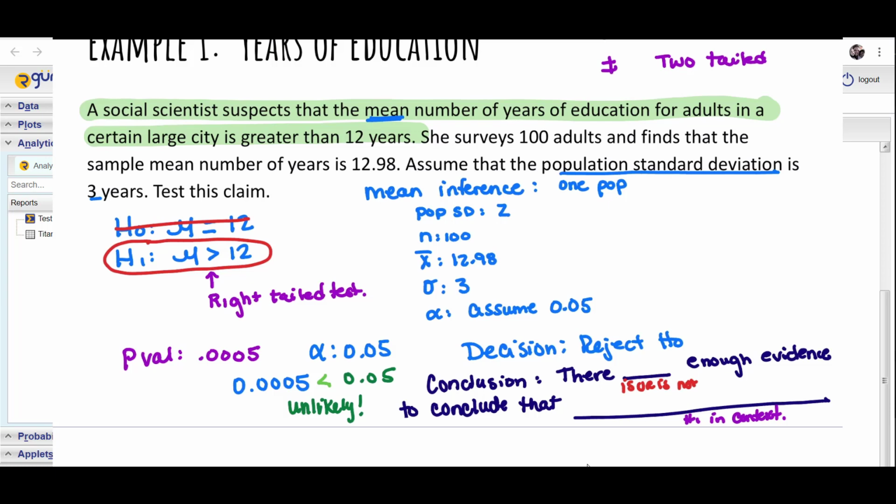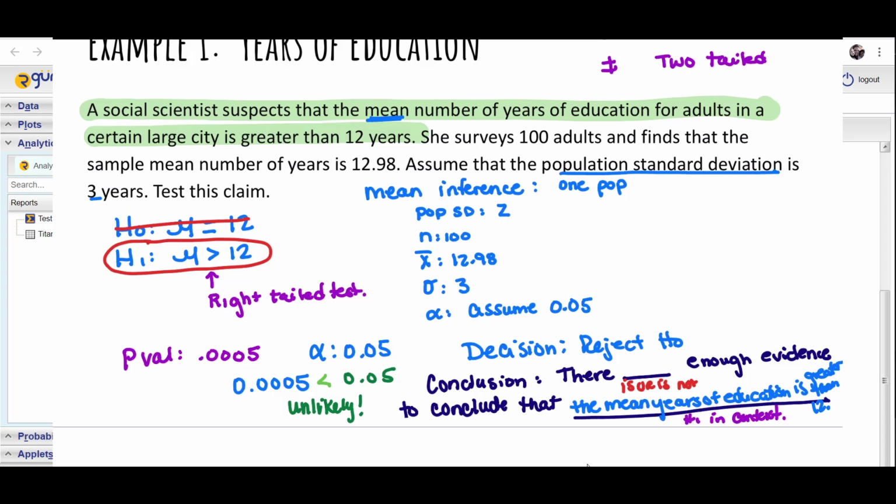So you would say H1 is that the mean years of education is greater than 12, and I ran out of space there.